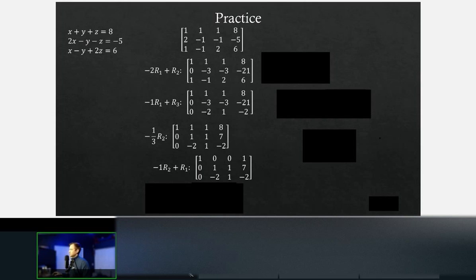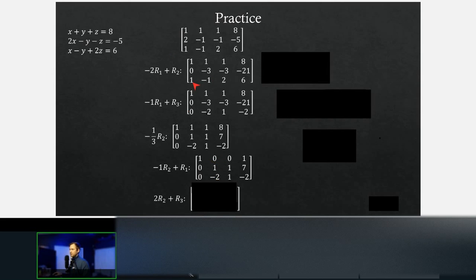So 2 times row 2 plus row 3. Yeah, I think that's right. So remember, once you make this a 1 like we did up here, we're going to use this row both times to make the elements above and below it a 0.